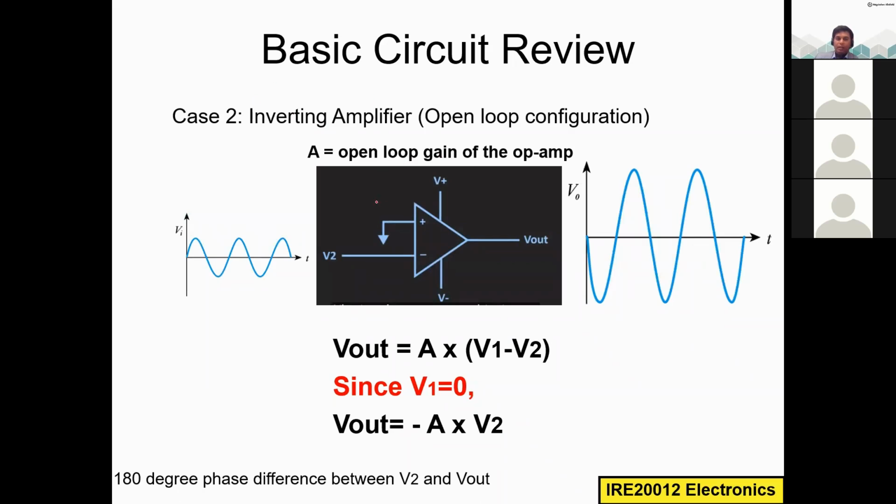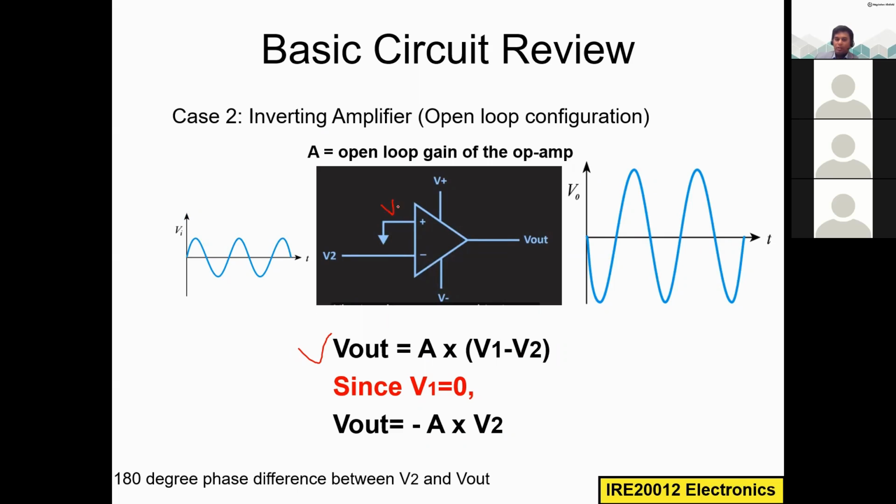That is why this is called non-inverting. In case two, we are grounding the other terminal. The positive terminal, that is the non-inverting input terminal, got grounded, and we are applying the input to the inverting input terminal. Here we are getting the output, with the same formula: V out is equal to A times V1 minus V2.